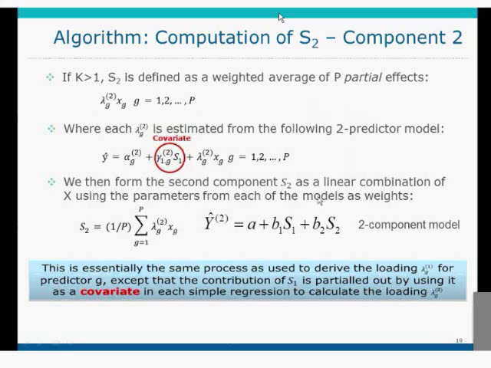So this is the regression model here that has two components, S1 and S2. That's called a two-component model. If there was just one component, then we'd have the one-component regression model. M-fold cross-validation is used to decide how many components are going to be included in the model.